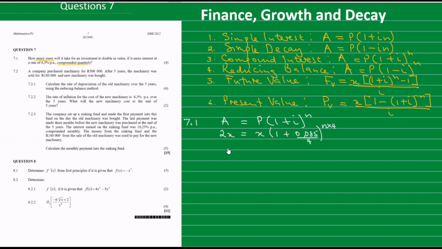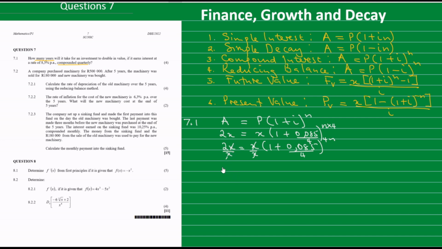When we simplify this, we are going to get 2x equals x into 1 plus 0.085 over 4 to the power 4n. Now we want to solve for n. We can divide by x, so the x will cancel out.